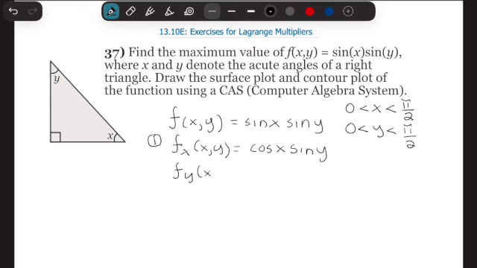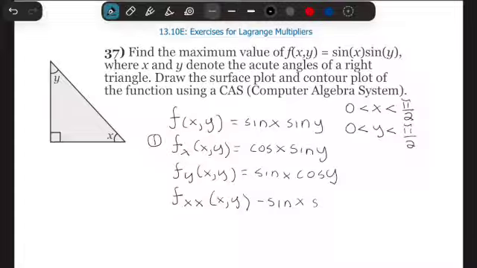f sub y of x, y equals sine x cosine y. All right, and then we got f double x here. And the cosine is going to go to negative sine x sine y.